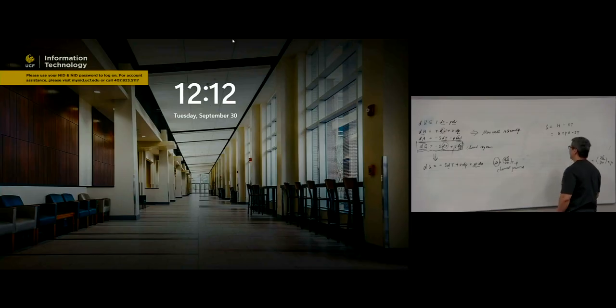Correct, everybody? And then we can take the differential on both sides. Then we have dG equals dU plus d(PV) minus d(TS).